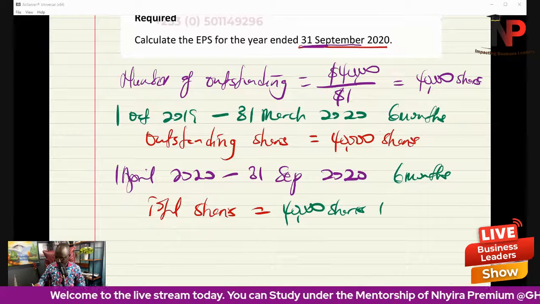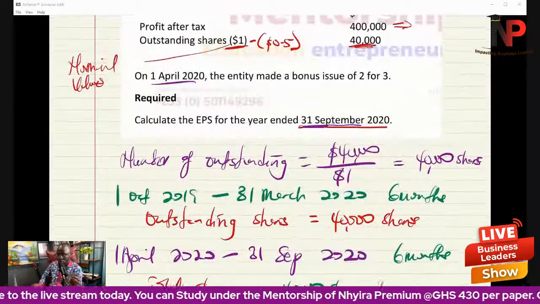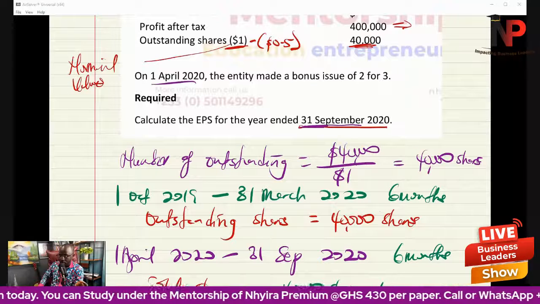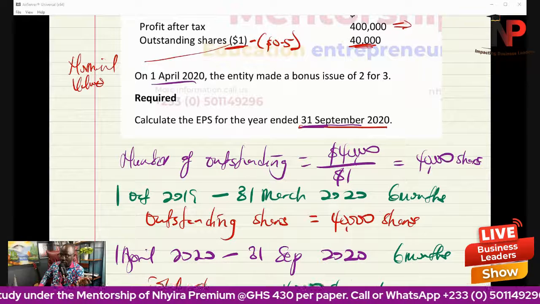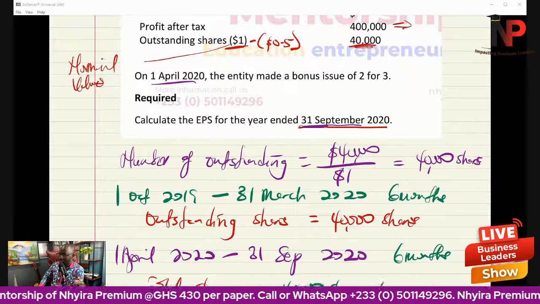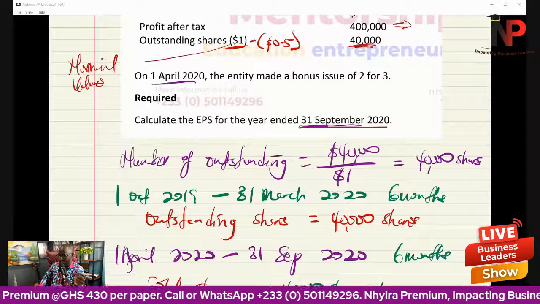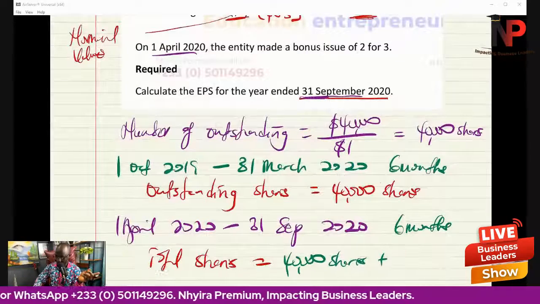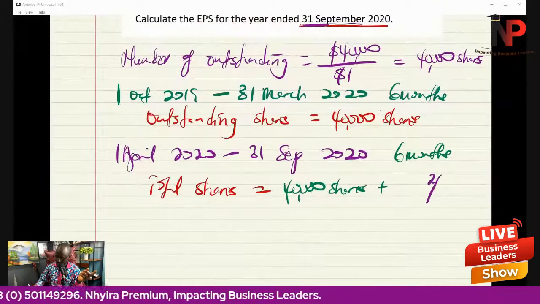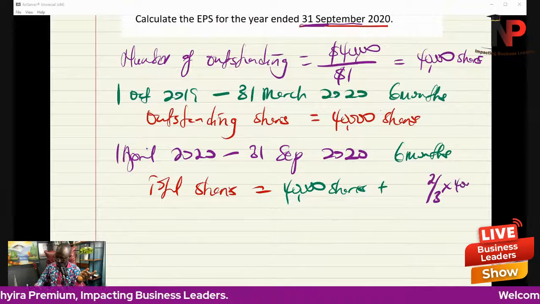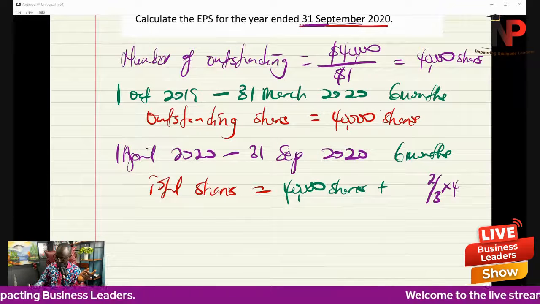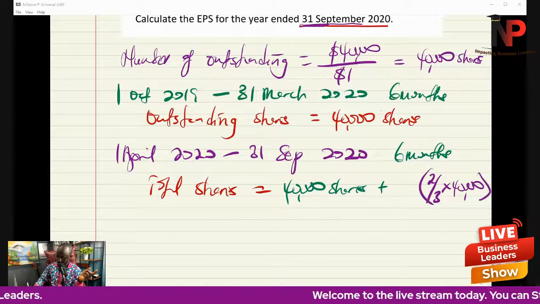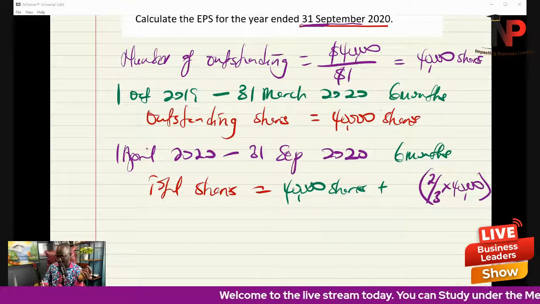Now, how do we get the bonus issue here? They said 2 for 3. So we give you 2 new for every 3 that you are having already. So that is going to be 2 over 3 times 40,000.